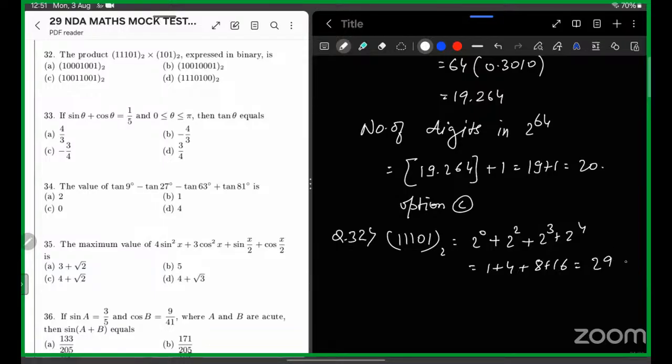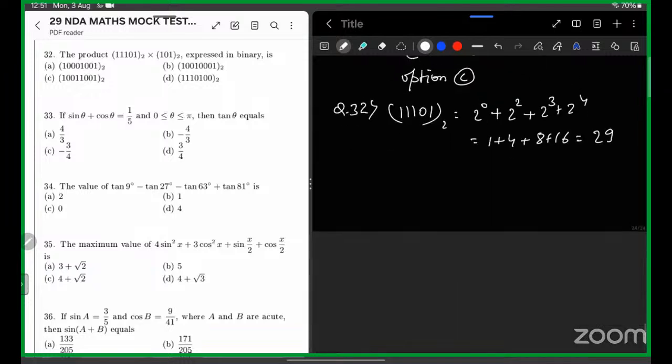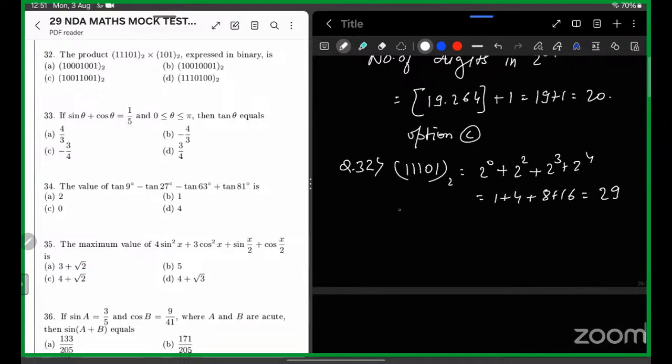That is 29. Similarly, next number is 101 to the base 2. This can be written as 2 raised to power 0 plus 2 raised to power 2, that is 1 plus 4 and it is equal to 5.